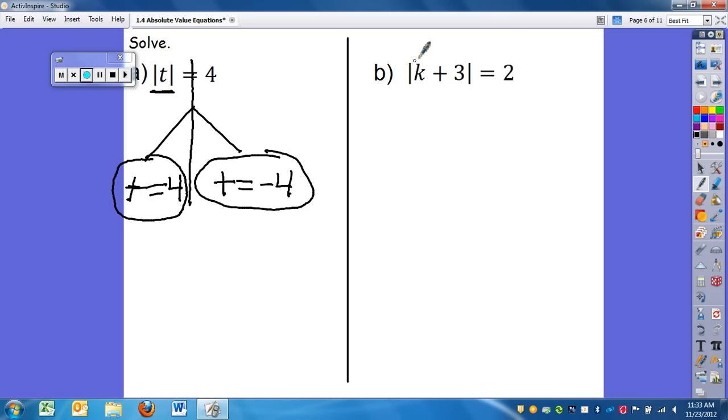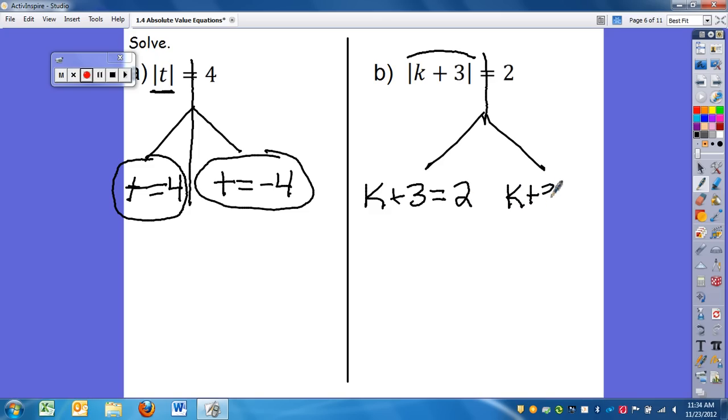So on B, again, I have the absolute value sign all alone on the left side, so I'm allowed to do my two equations. I have k plus 3, what's inside the absolute value, equals the positive distance, and k plus 3 equals the negative distance, which is negative 2.